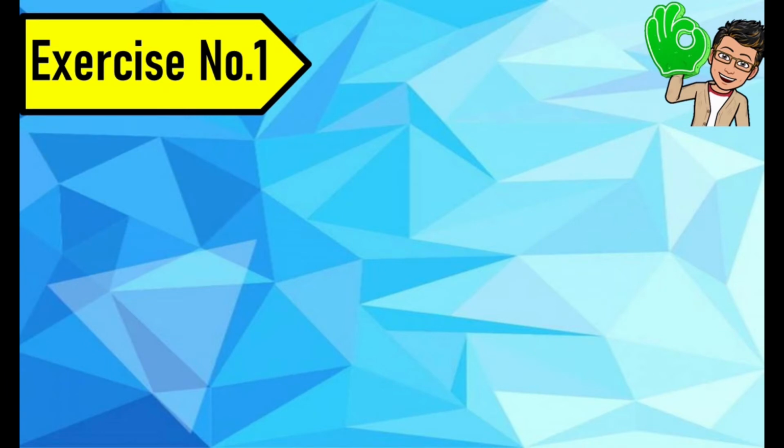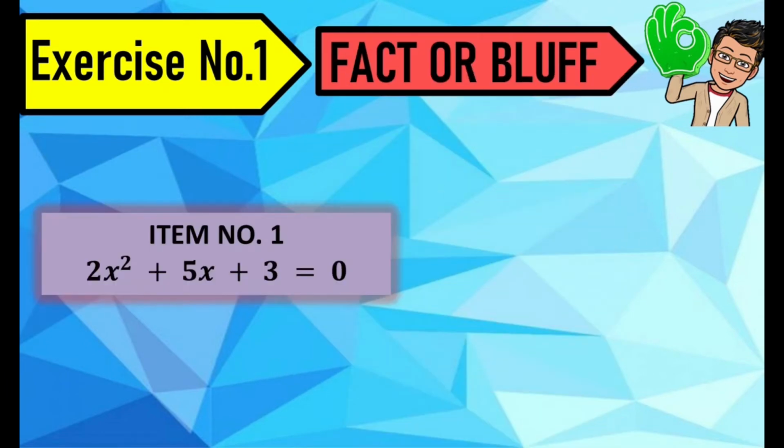Exercise number 1, fact or bluff. Item number 1: 2x squared plus 5x plus 3 is equal to 0. I will give you 10 seconds to answer. But if 10 seconds is not enough, you may pause the video, continue answering, then play it again and check your answer.